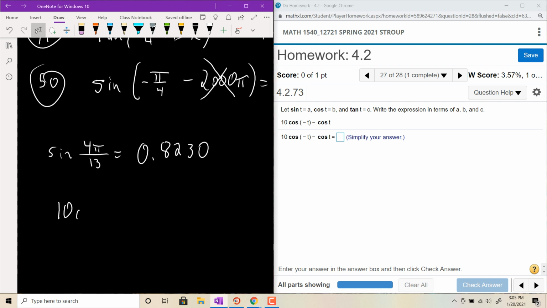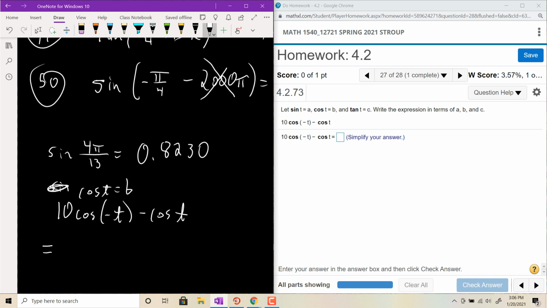They'll give us 10 cosine of negative t minus cosine of t. And they're saying let sine of t, which we don't need, be a, and cosine of t be b. And then they want you to write your answer in terms of a, b, and c. Okay, so you're going to use the even odd identities for this one.